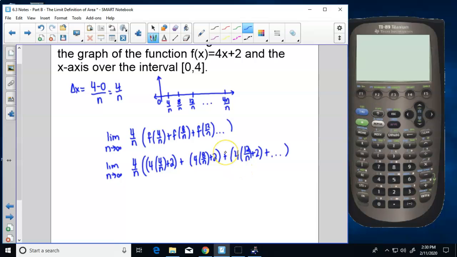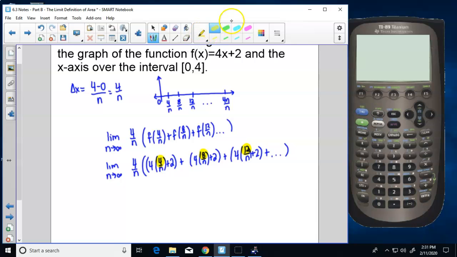And you don't necessarily have to write any of the stuff I'm writing right now every time. It helps me see what is changing each time. And so when we look at this, we've got a 4 and then an 8 and then a 12.